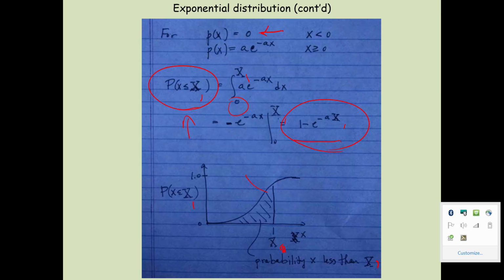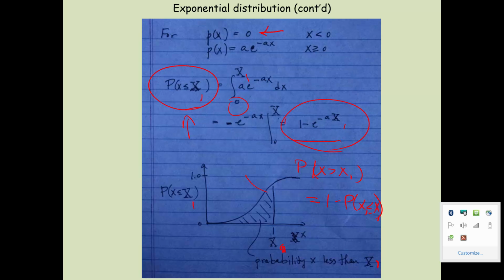Now I will mention here that the probability, capital P, that x will be greater than x1 is just equal to 1 minus the probability that x is less than or equal to x1. That makes sense because the total area under the curve is just equal to 1.0.